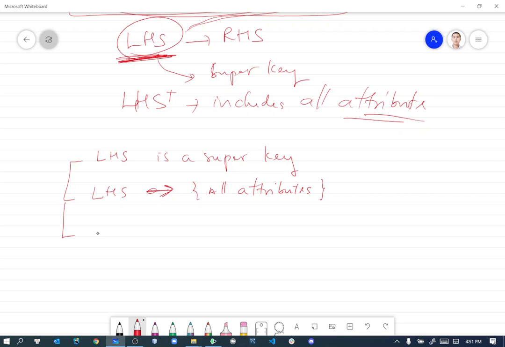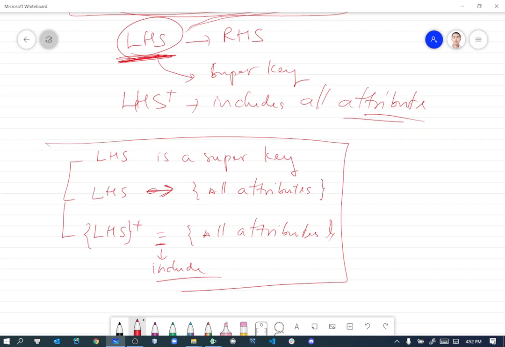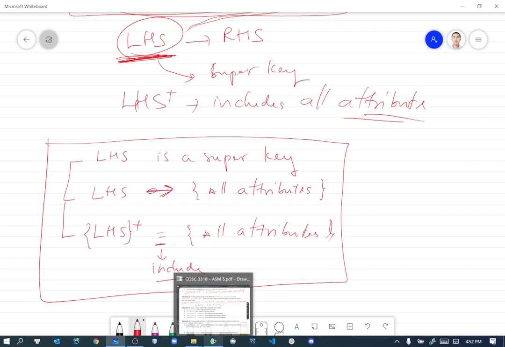Or it's the same that the closure of the left hand side equals all attributes. When I say equals here, I mean it must include all the attributes. So these three are equivalent.